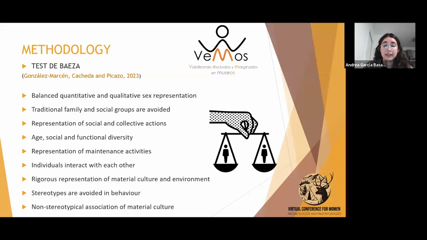It's a tool that allows us to test the museum resources to study if the representation of past societies is inclusive. It's based on the guidelines that are summarized on the screen. For example, balanced quantitative and qualitative sex representation, the representation of age, social and functional diversity, rigorous representation of material culture, etc.